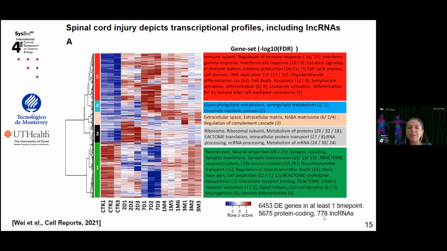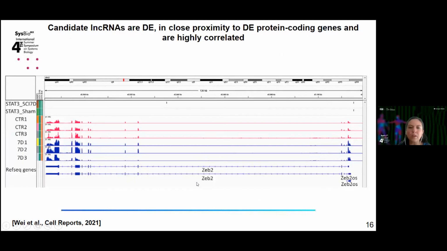There are 778 lncRNAs that are differentially expressed at all the time points. We then looked at which ones have homology with human, because remember this is a rat model, and some of these lncRNAs are conserved.